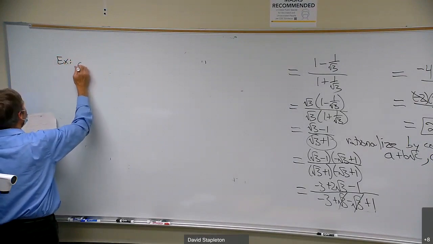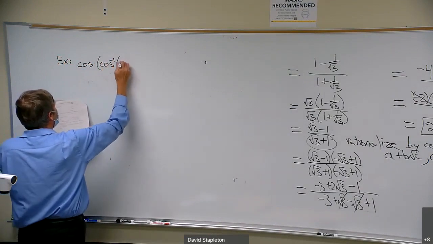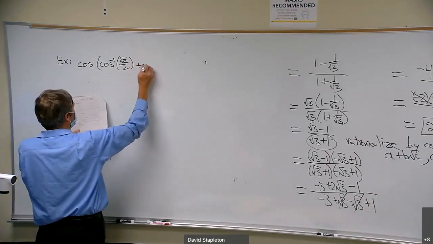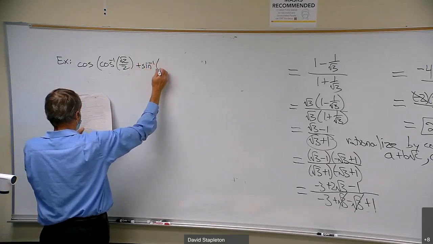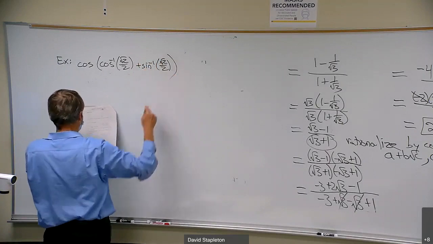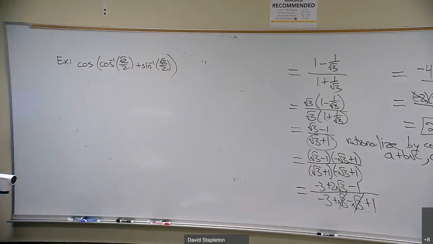Good. We'll go with the cosine of the arc cosine square root 2 over 2 plus arc sine square root 2 over 2. How about that? What can I do with that?